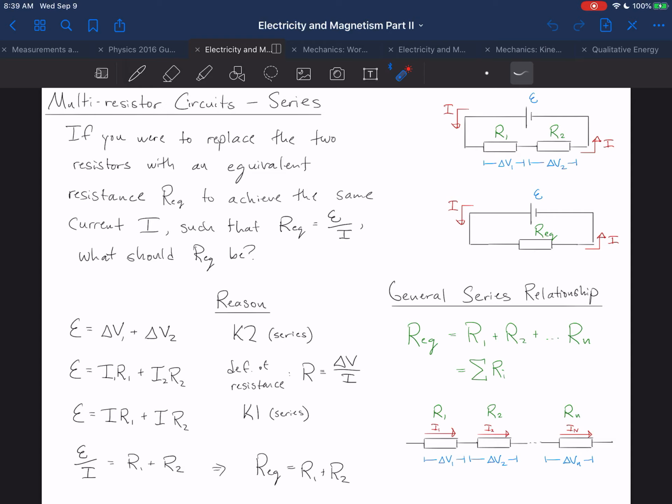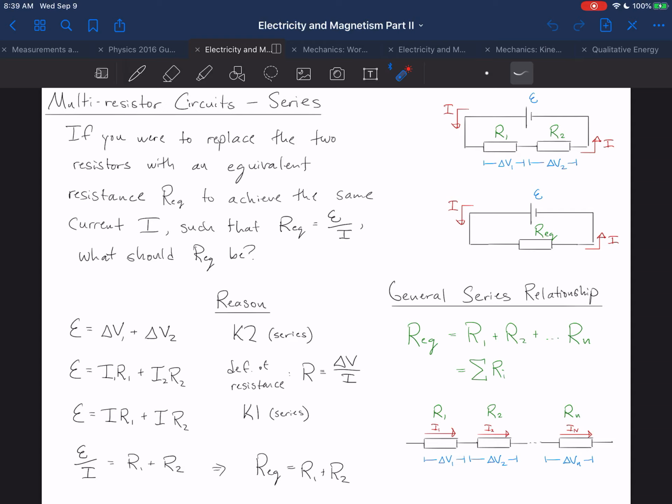So why is that? The first thing we do is write Kirchhoff's second law. Kirchhoff's second law for two resistors in series says that the EMF is equal to delta V1 plus delta V2. Then the definition of resistance, R is defined to be delta V divided by I, gives us that the EMF is equal to I1 times R1 plus I2 times R2. Then Kirchhoff's first law says that there's only a single current through both of these resistors, which means that I1 is I2 is equal to I. There's only a single current, okay?